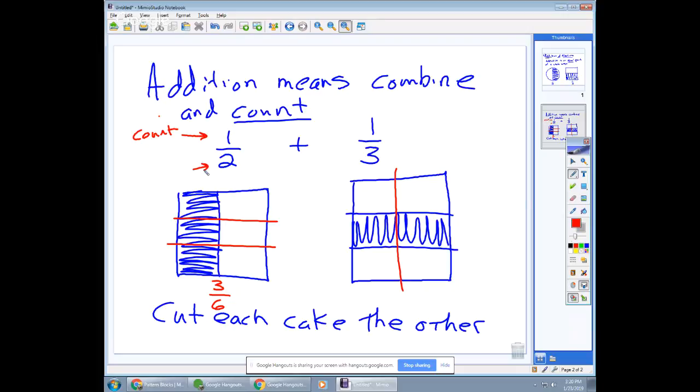It's a description of the thing I have. I have one what? A half is what I have. Here I have one what? A third is what I have. So the denominator is just a description. And a third is a different thing than a half. Now I have a new count because I have a new description.